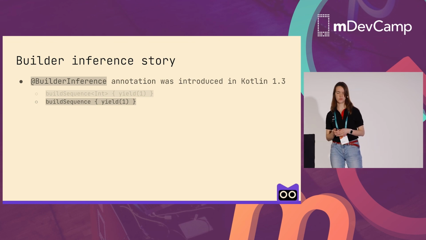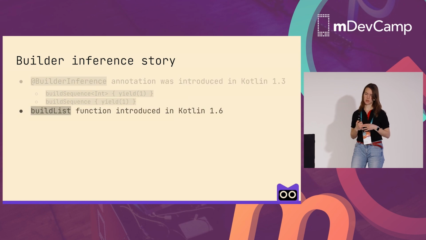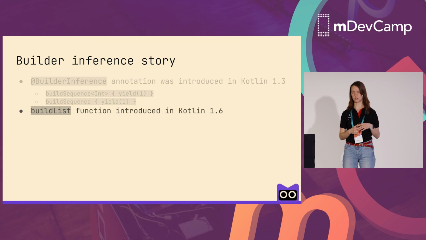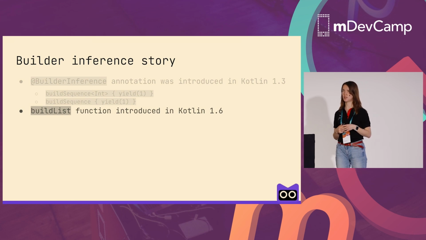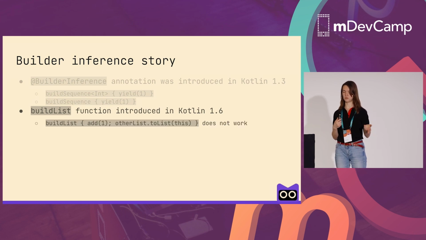It's really useful, and people have liked it a lot. We have also used it in our standard library in Kotlin: by 1.6, we introduced another function, buildList, which uses this builder inference annotation as well.